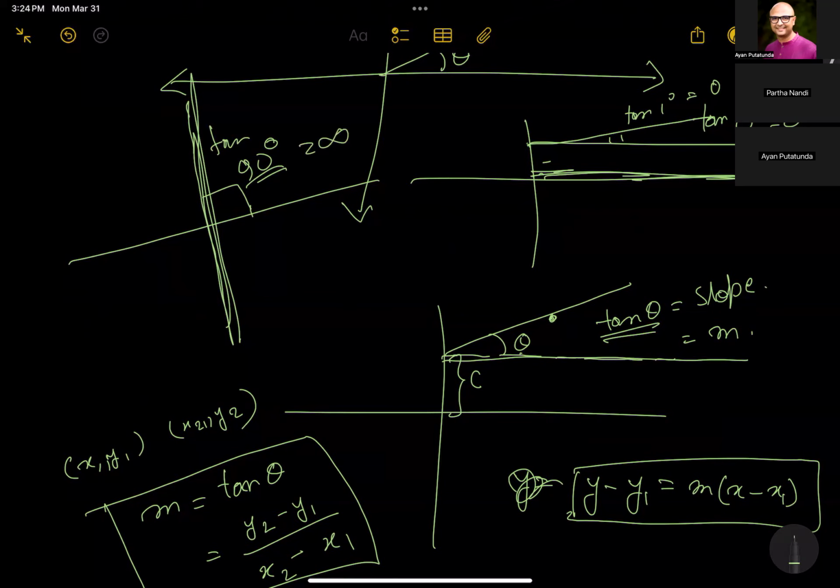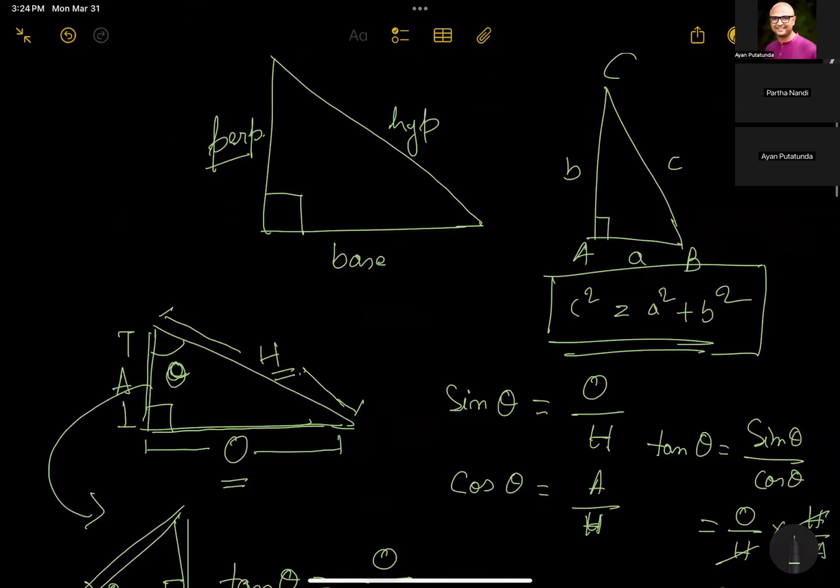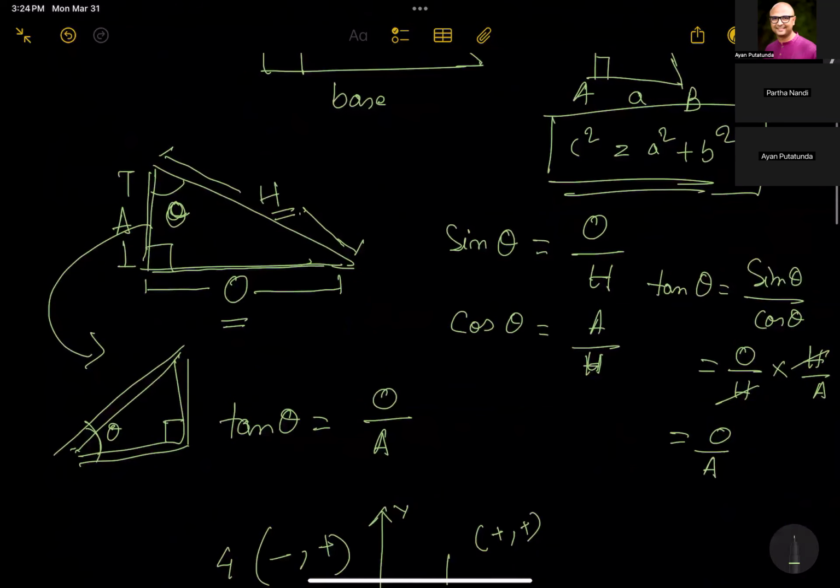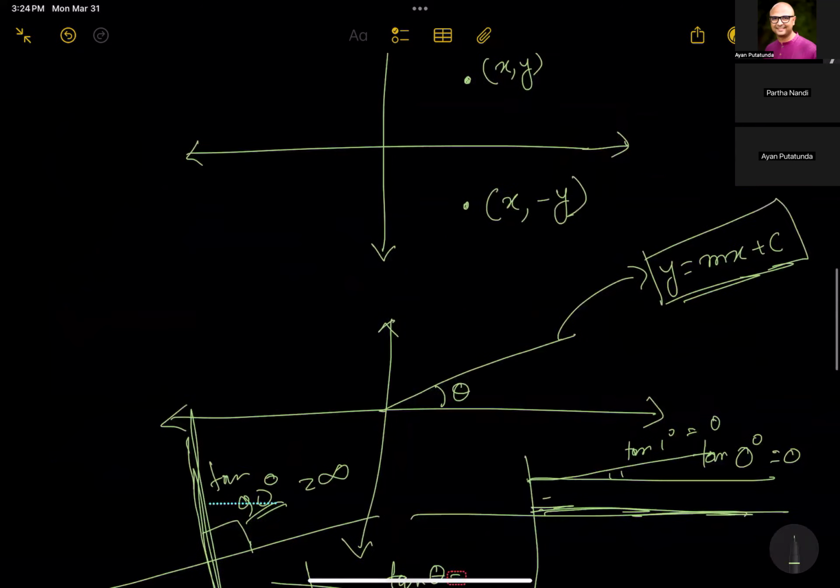In the same way, if I have a line which is cutting like this, correct? And I have a theta of this, the measure tan theta is nothing but, what did we understand from the definition of tan theta here? It is O by A. What was O? Base by altitude, right?